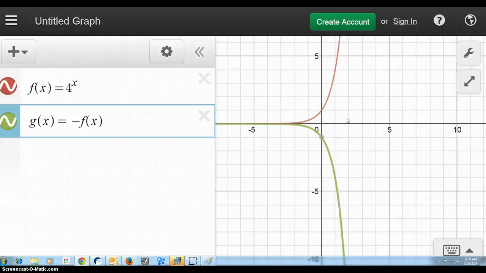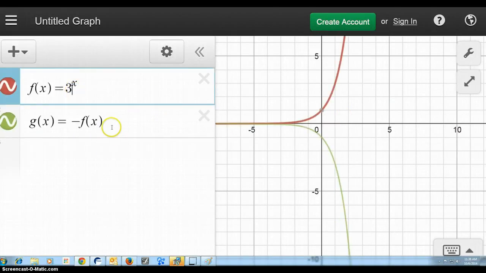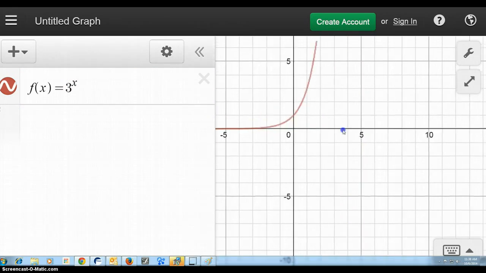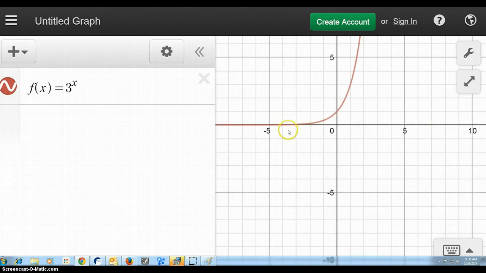19 says, write a function g(x) that describes each reflection of f(x). The function for 19 is 3^x, and we want to reflect it on the horizontal line y equals 0. Y equals 0 means the x-axis.